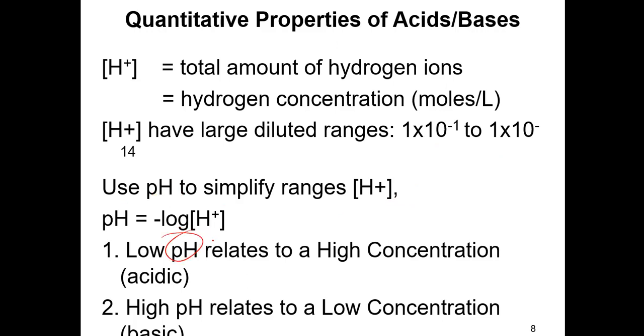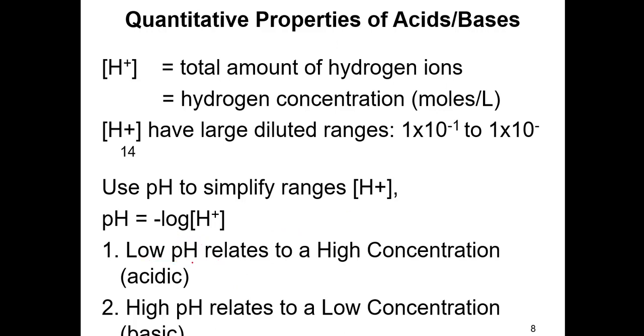we can turn it into pH values. Now, I need you to be aware that the lower the pH value, the higher the concentration. It's inverse. So as I decrease in pH, I increase in hydrogen ion concentration.